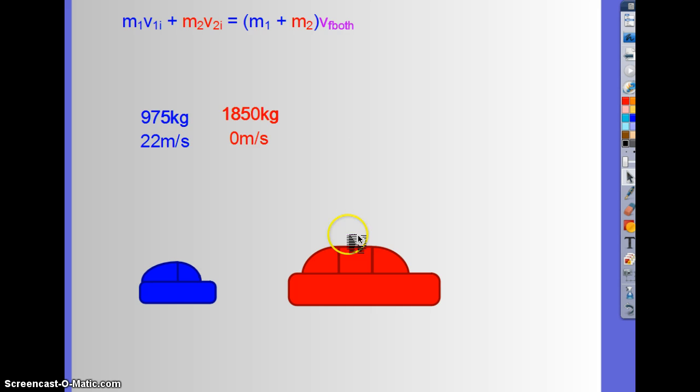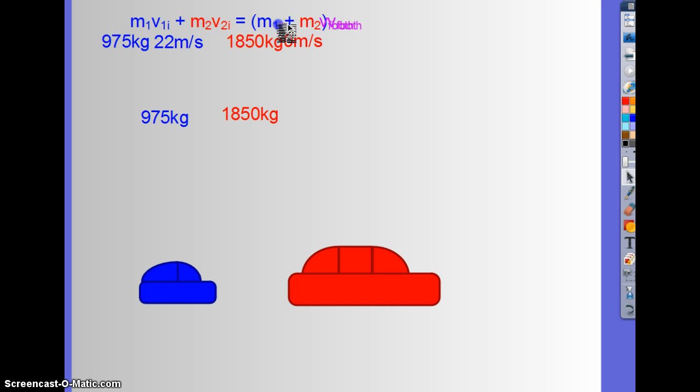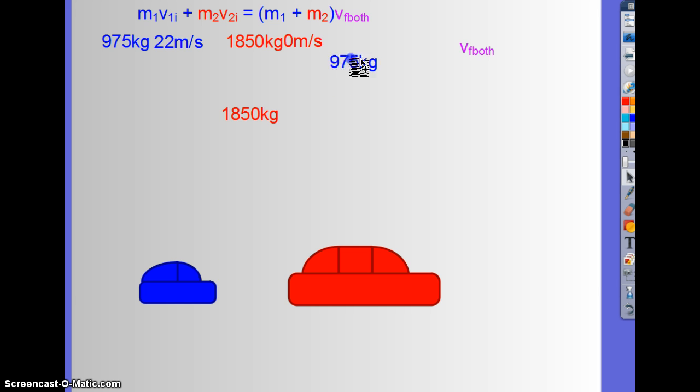So we have an example here where we have two cars colliding. To set this problem up, you're going to take the mass of the blue car, and it's traveling at 22 meters per second. It's going to run into the red car from behind, the big red car, and it's not moving. Afterwards, they're going to move together.